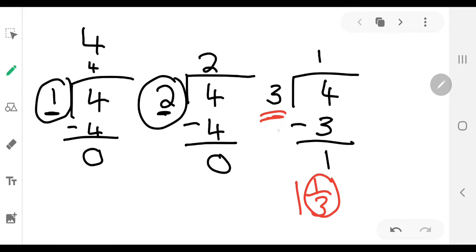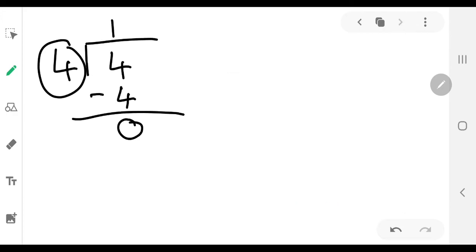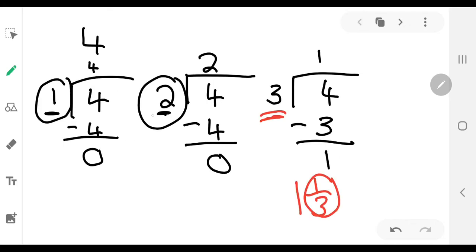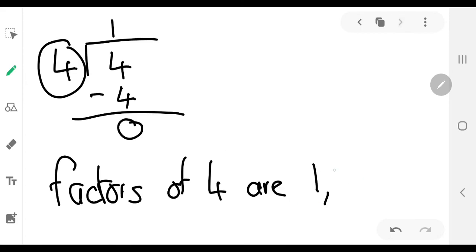We don't take number 3 because it had a remainder. And then the next number was the number 4. So therefore, the factors of 4 are 1, 2, and 4. Those are the only factors that we have.